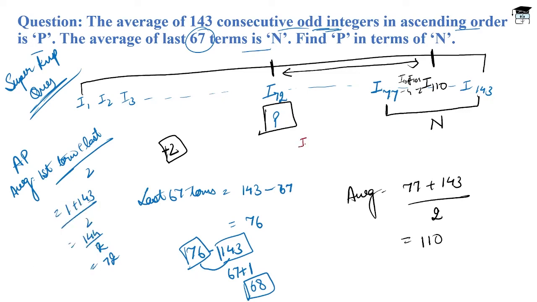So I109 would be equal to N minus 2, right? I108 would be N minus 4, because we are talking about odd integers.